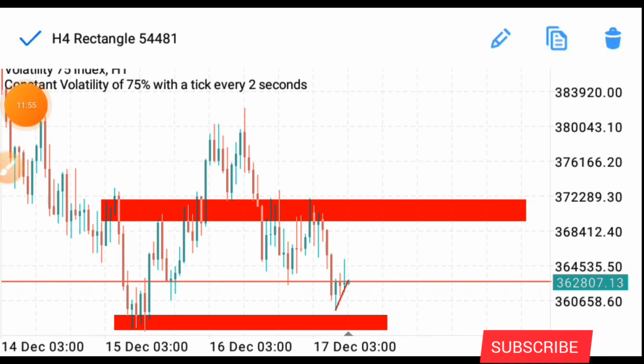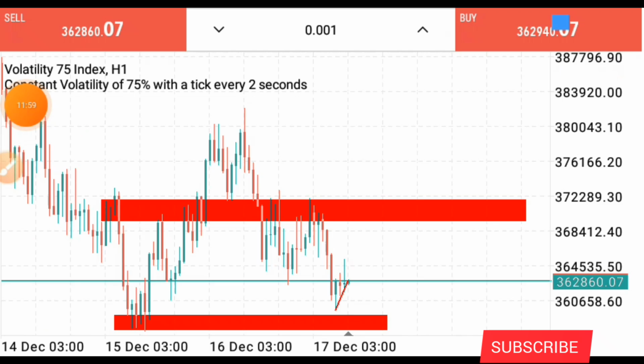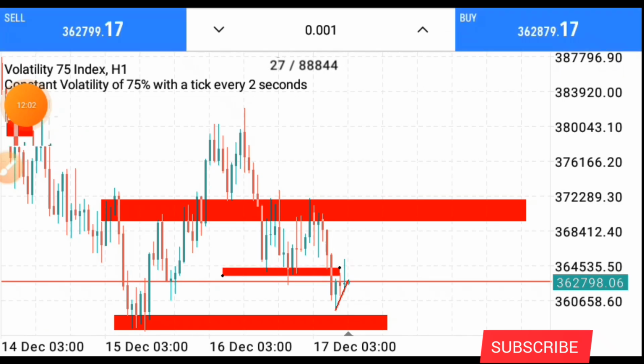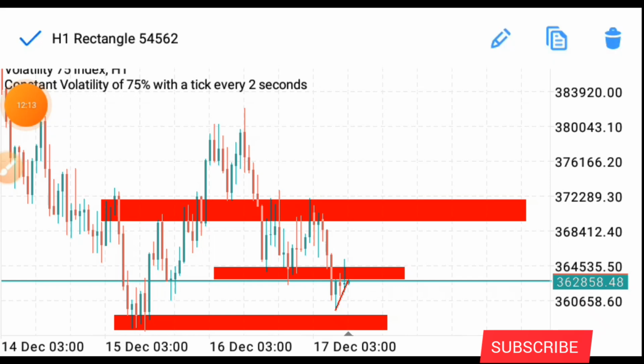And then if I'm to mark out another support and resistance zone, I'll say there is a support and resistance zone down here also, which price is currently bouncing from now. Now you can see this is what happened here.